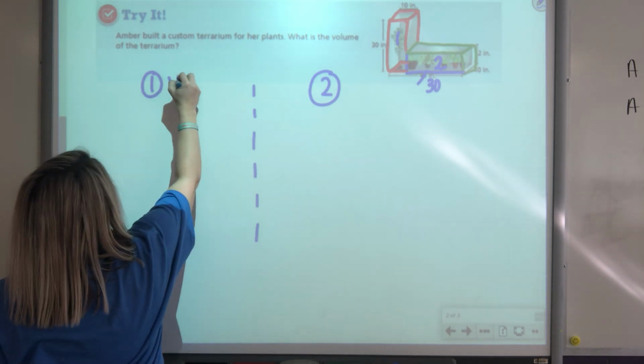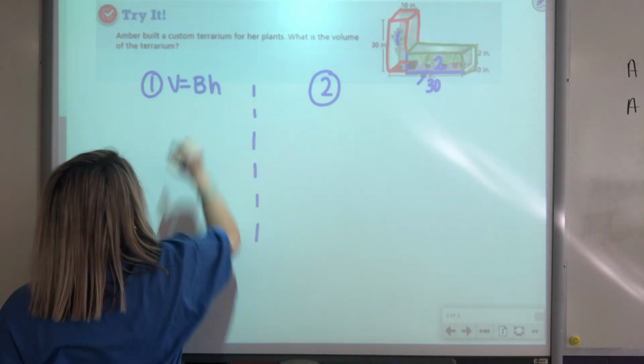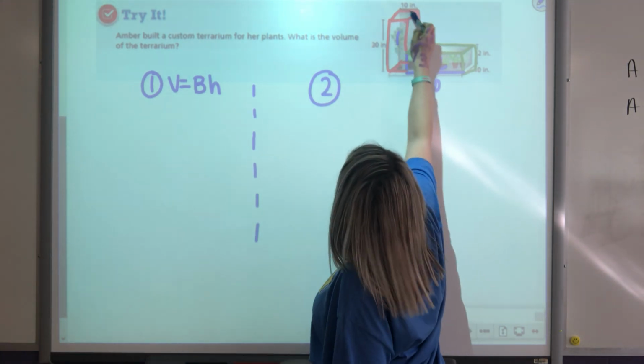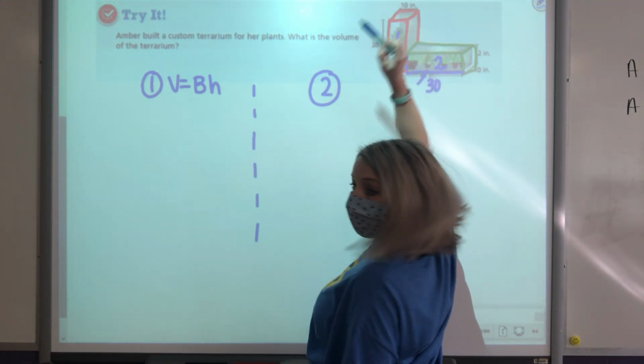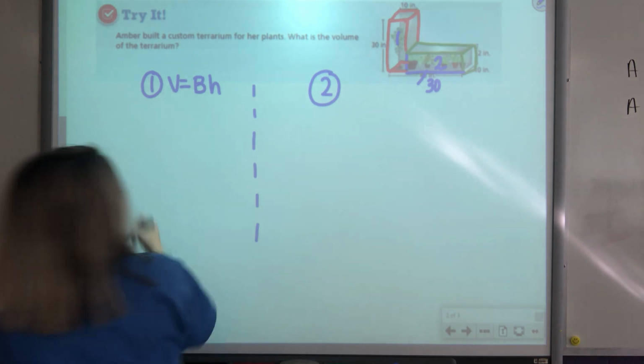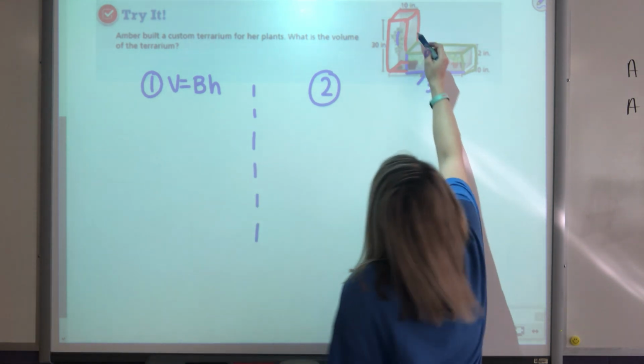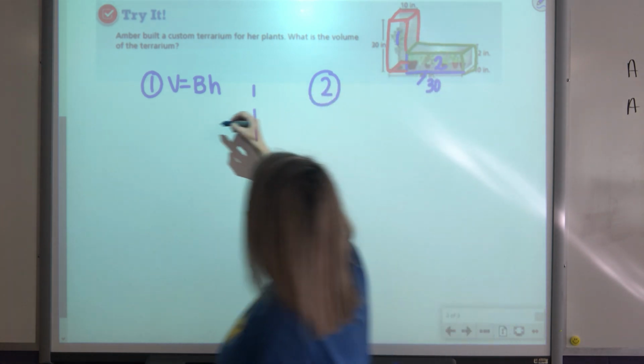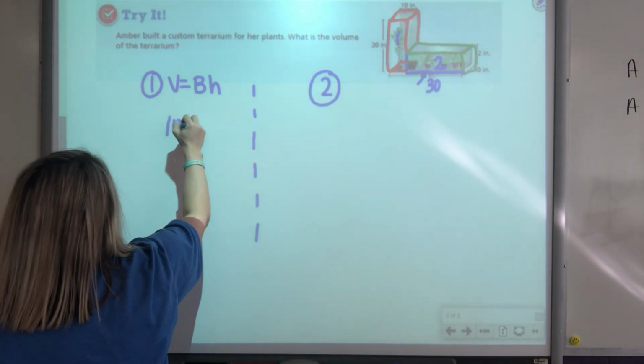So my volume is equal to base area times height. What's the base of the first rectangular solid? What shape is it? This one right here, what is this? It's a square. Okay? So what are the sides of our square? 10. So our base is 10 times 10.